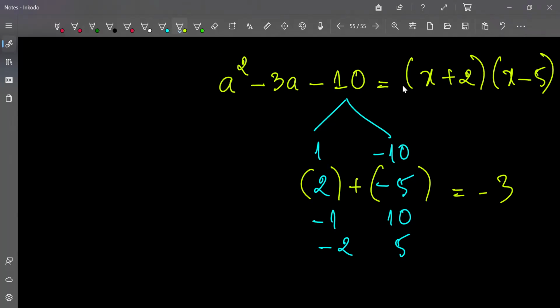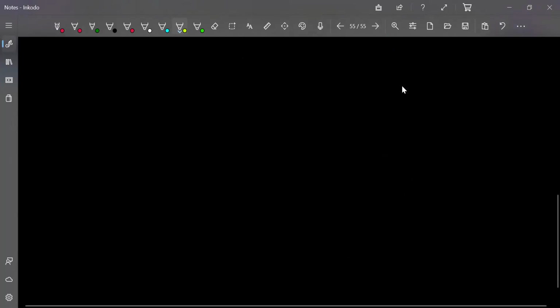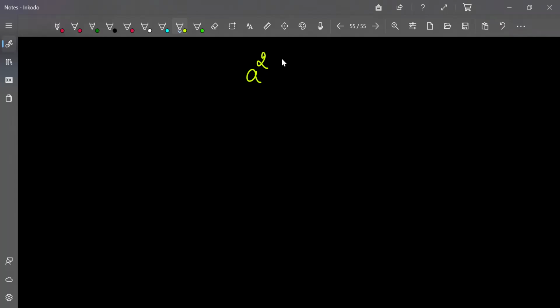Okay. So now let's move to another example. So if I have a squared minus a minus 12. So you need to find two numbers that multiply to equal negative 12 and add up to negative 1.